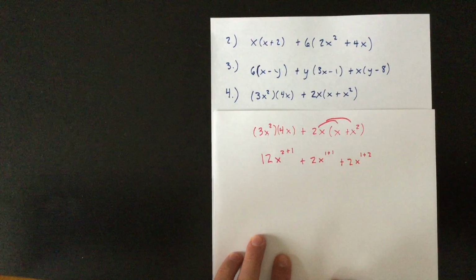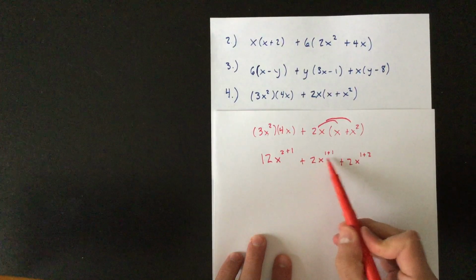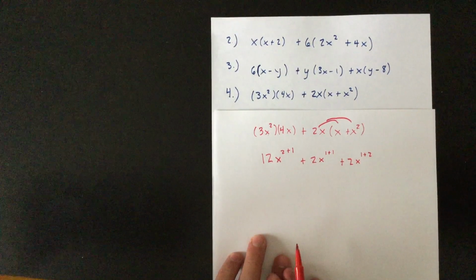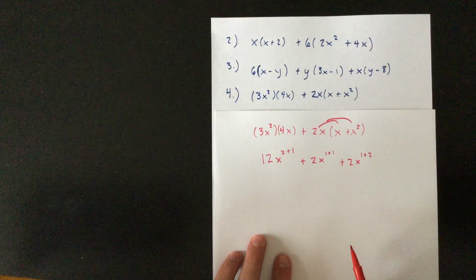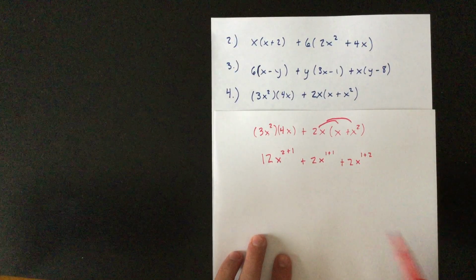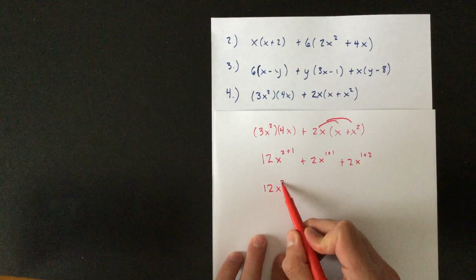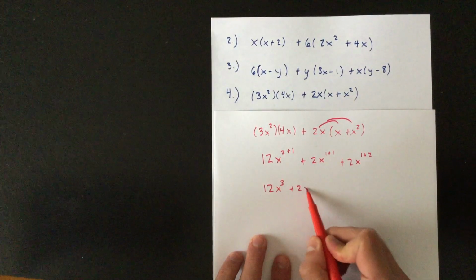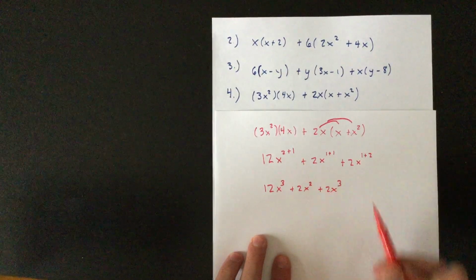And because I can already hear the question, no, you do not need to show this. If you understand this and get the concept, you can just do this in your head. I just figured it'd be a good idea to remind you guys where that concept comes from. I probably won't be doing this when I show my work in the future. So we'll have 12x cubed plus 2x squared plus 2x cubed.